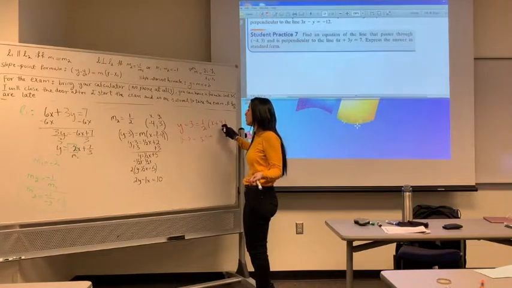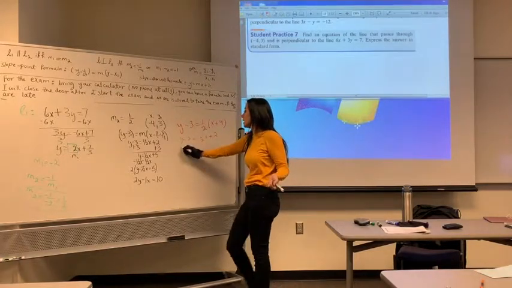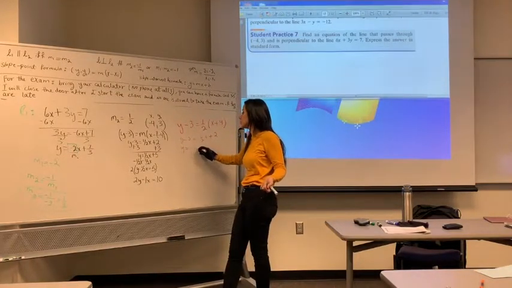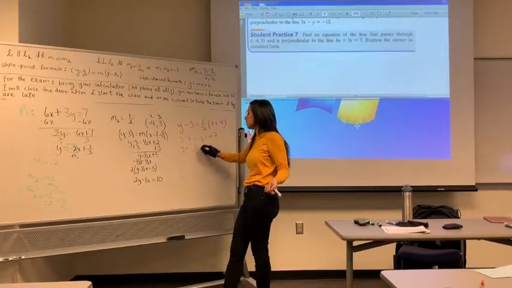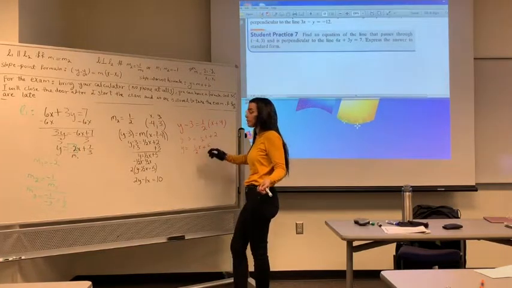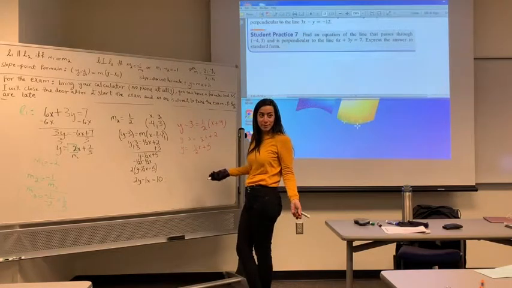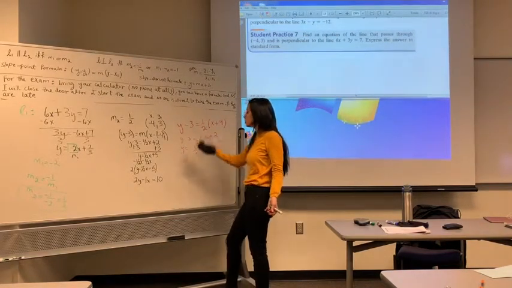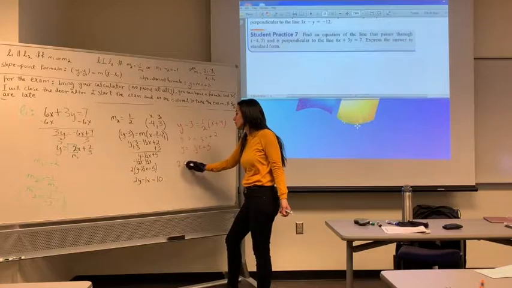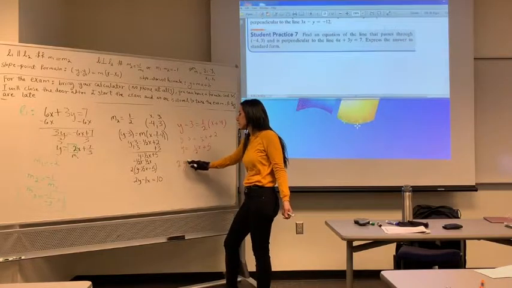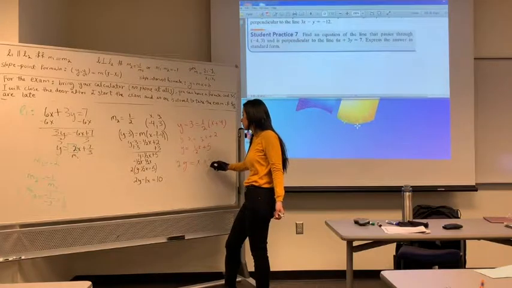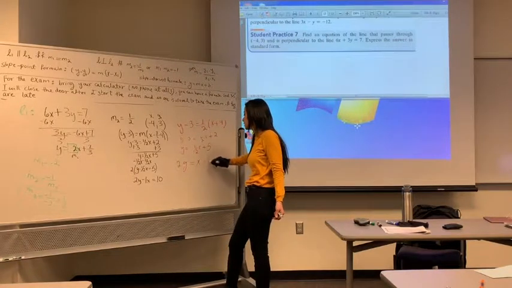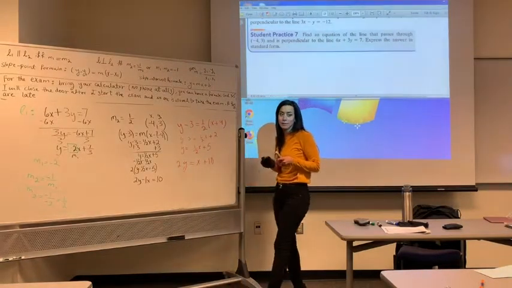So 1/2 multiply 4 is 2, and then we have y equal to, I'm bringing this -3 to the other side. I will have 5 on the other side, right? And then let's multiply everything by 2. We will have 2y equal to x plus 5 multiply 2 is 10, right?